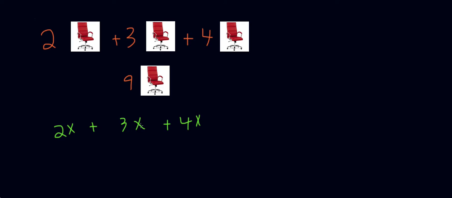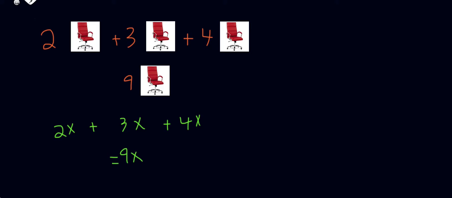Now, the x can represent either the office chair, or it can represent anything else. It can represent a Mac, for example. I mean, we don't know what x is, but we do know that 2x plus 3x plus 4x, well, we get the same thing. We get 9x. And right here, this right here is adding like terms.